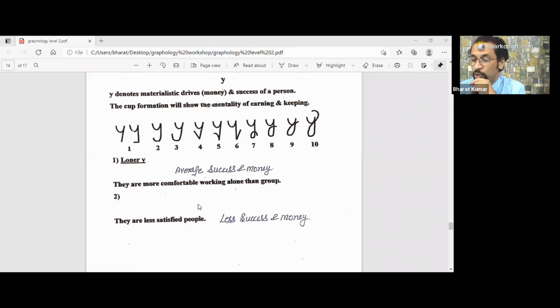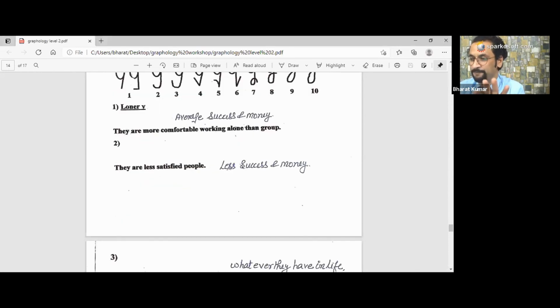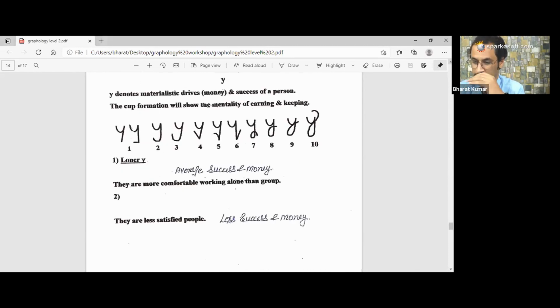Now, so this loop is about the adjustment. So they are less satisfied. They have to adjust everywhere. Less success and less money. Now, fourth kind of Y, either lower part is pointed or having hook.